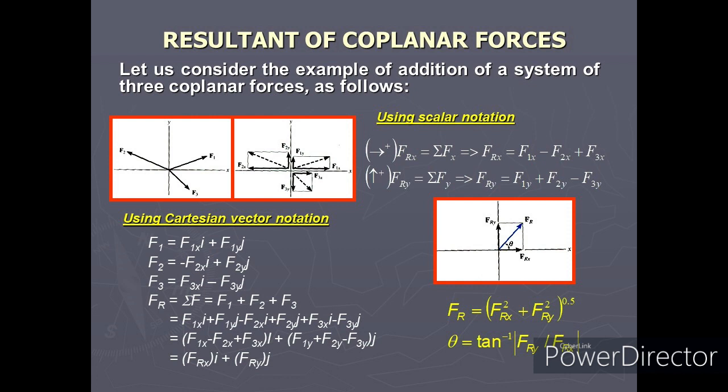To do that, we know that each of these forces will have component along x and y, isn't it? F1, you will have F1x and F1y. F2 will have minus F2x and F2y. F3 will have minus F3y and F3x, isn't it? So we sum these components because it means we will have resultant horizontal forces, because when we sum all the horizontal forces, we will have one, and resultant vertical forces.